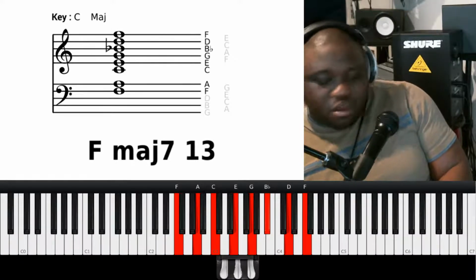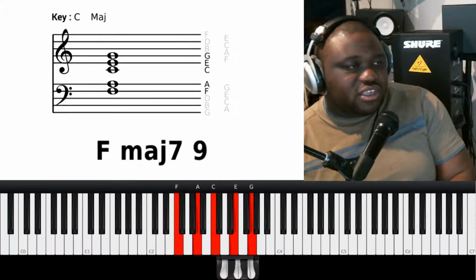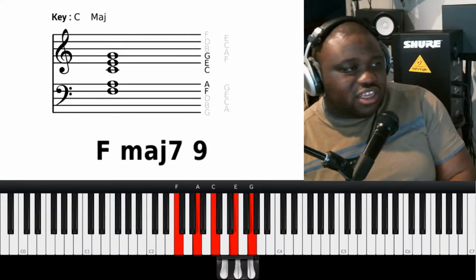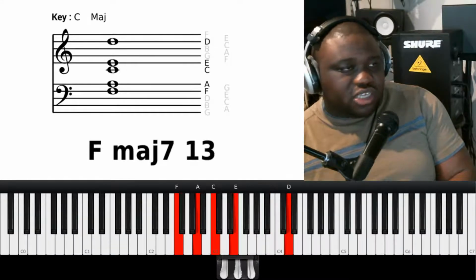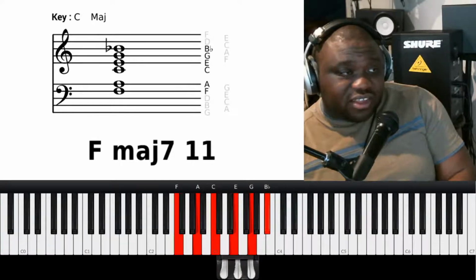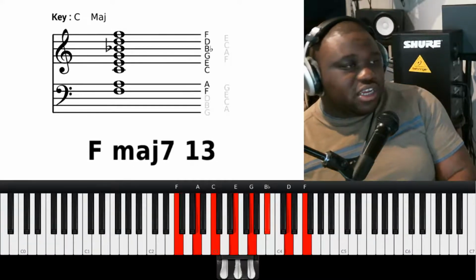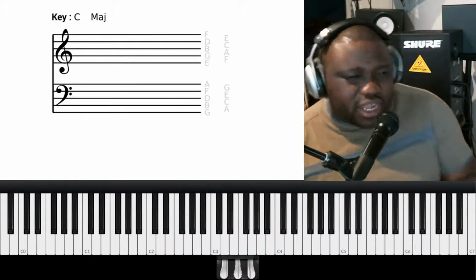Because if I just do this 4, it's going to be the 11th. If I just do this, it's going to be the 9th, the 11th, the 13th. But then if I play it all together, it's going to take the highest extension, and this is just the root. You guys get the point.